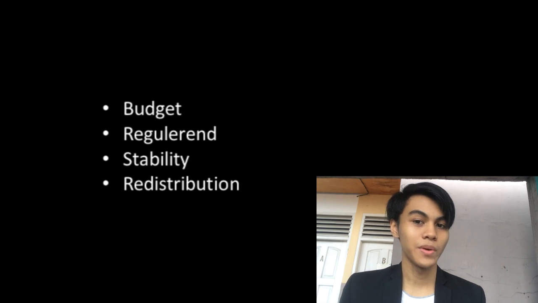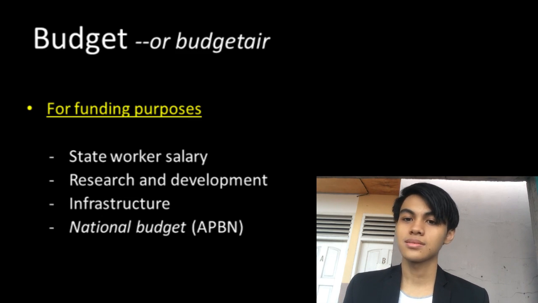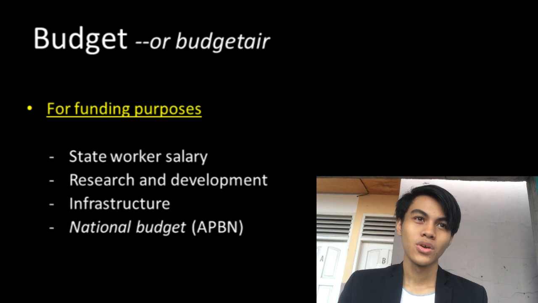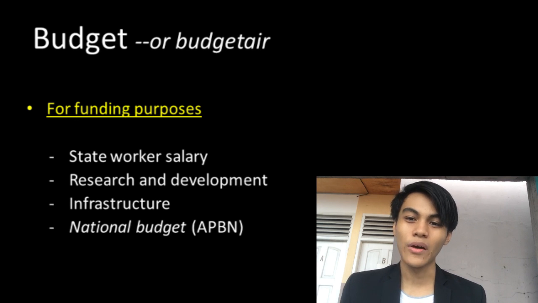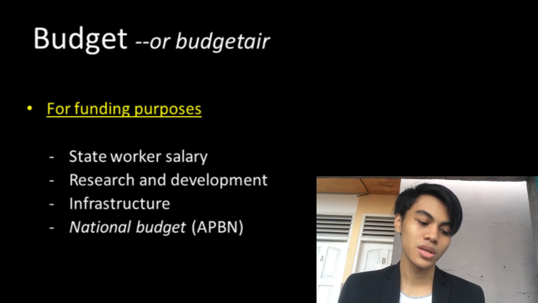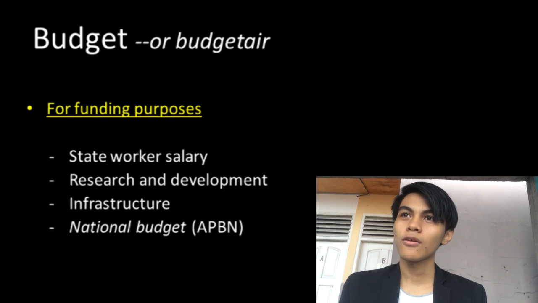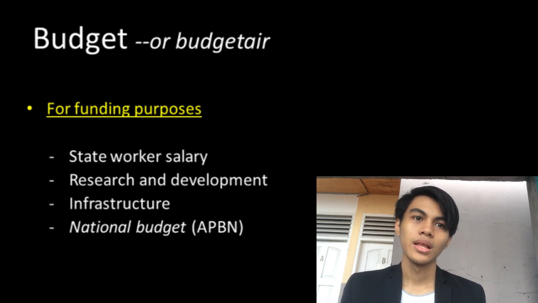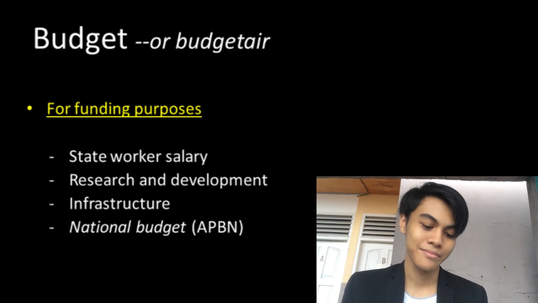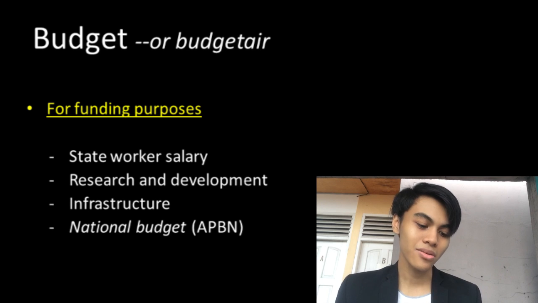Let's talk about the first one, budgetair. From the name itself, as an accountant, you must already get the image of budget, and budget is used for funding purposes. Now in tax, the budgetary purpose is to fund a lot of costs that the country needs to pay, such as state worker salaries, whether police, military, or state workers, the people that you see wearing brown uniforms all the time, and that is to pay their salary.